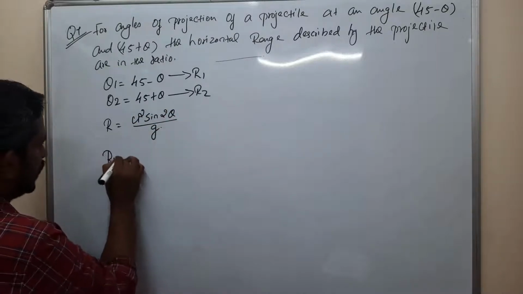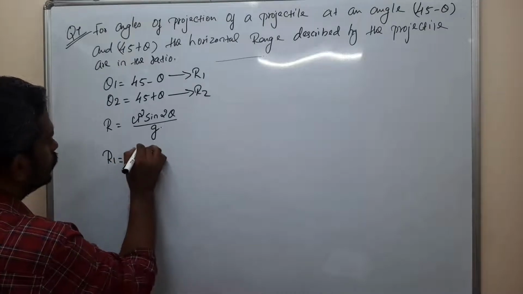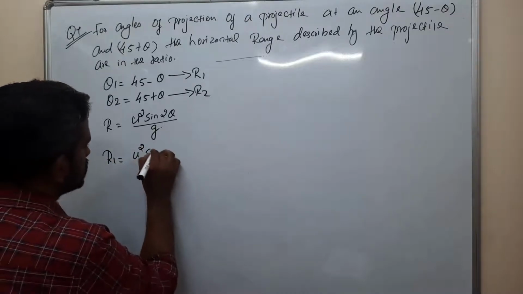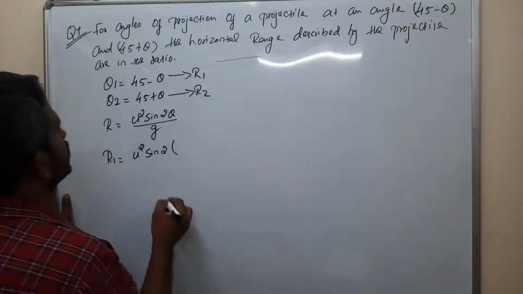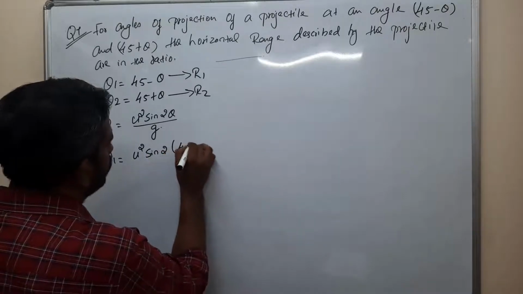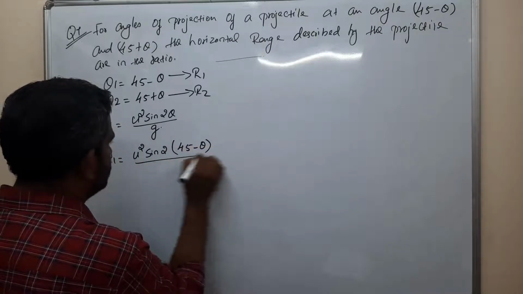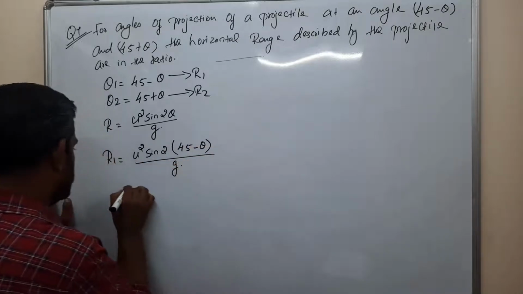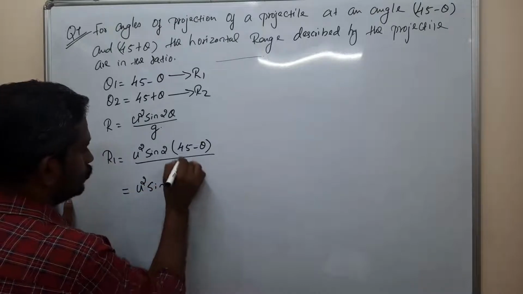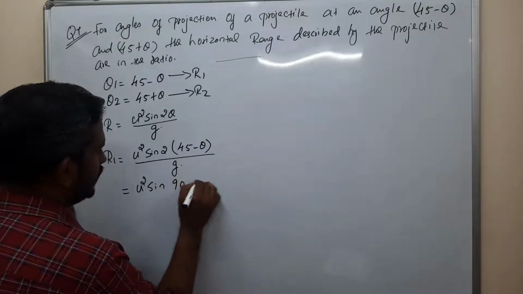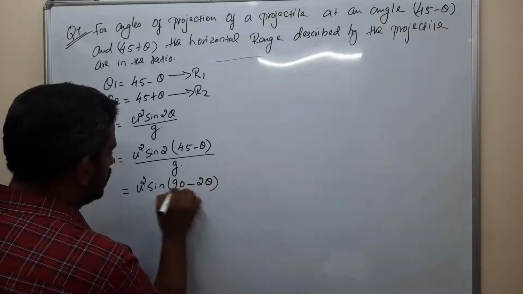So R1 is equal to u square sin 2 into theta 1, that is 45 minus theta, divided by g. So that's equal to u square sin of 2 into 45, that is 90 minus 2 theta, divided by g.